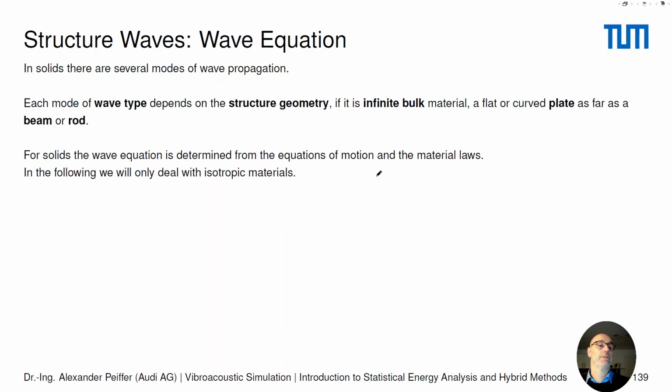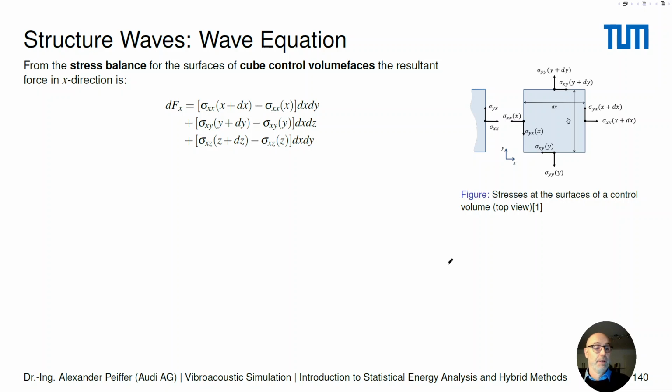So the wave equation is determined from the material laws, and again, to keep things simple, we stay with isotropic materials. Good. So we use our stress balance and the cube with control surfaces, as we have done for the fluid equations.